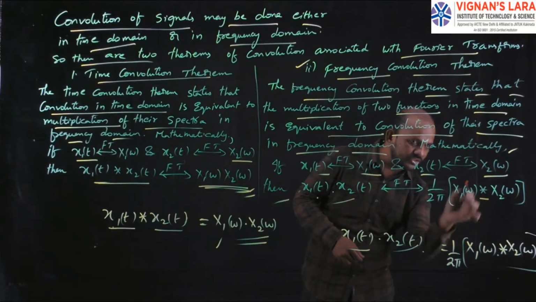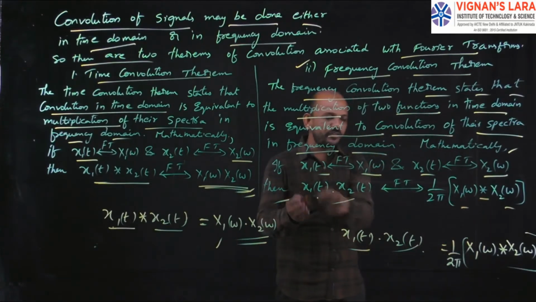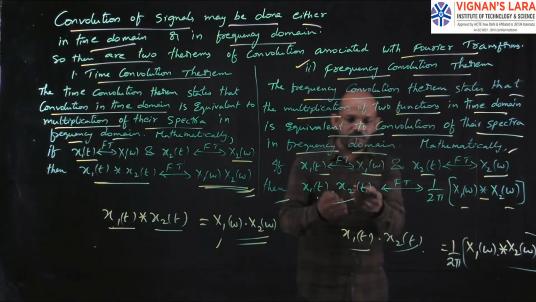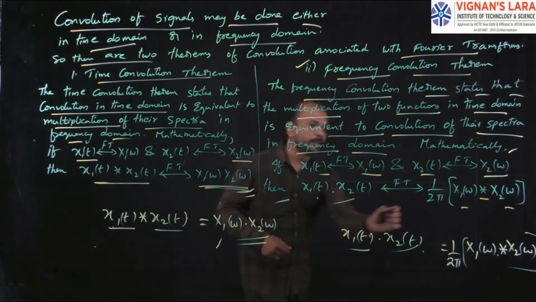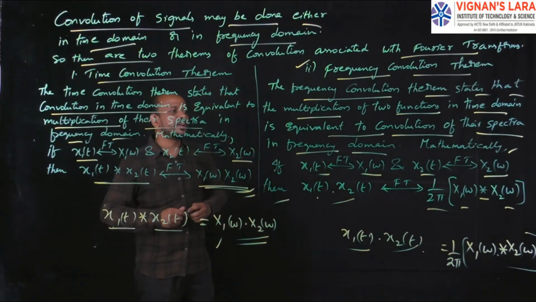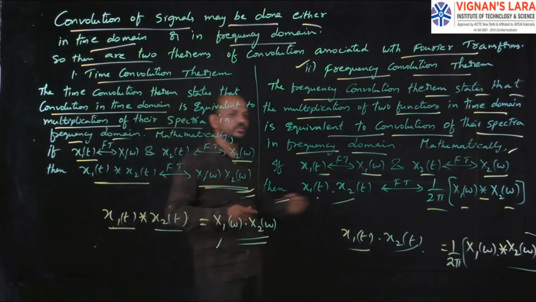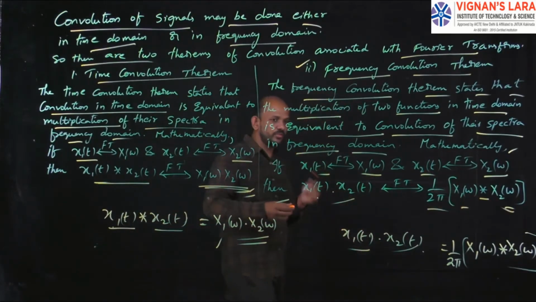That is, for x1 of t the Fourier transform is X1 of omega, for x2 of t the Fourier transform is X2 of omega. So we get 1 by 2 pi into X1 of omega convolution X2 of omega. So in frequency domain we will represent X with capital letters. Okay, that is the only change.